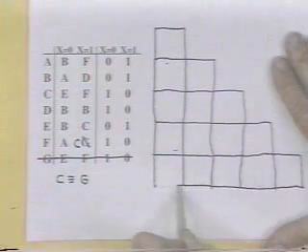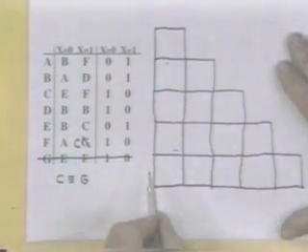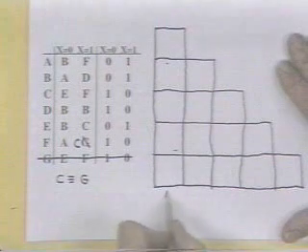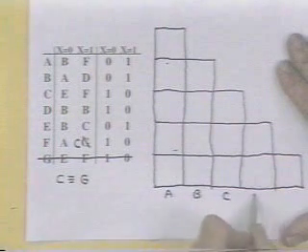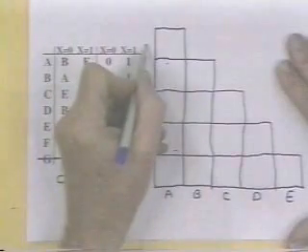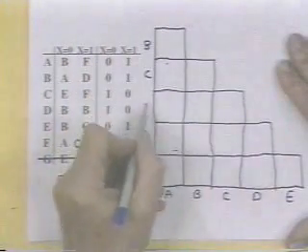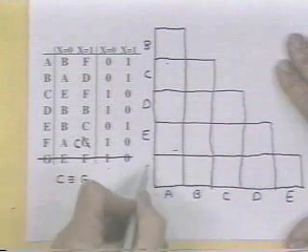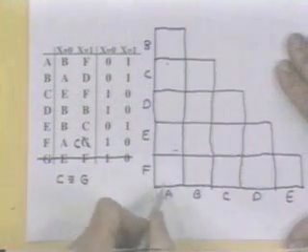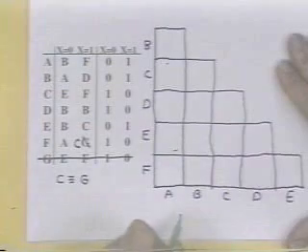And I'll label this at the bottom, starting with the first state here, A, B, C, D, E, and then starting with B at the top, B, C, D, E, F. So there's one square for each pair of states.